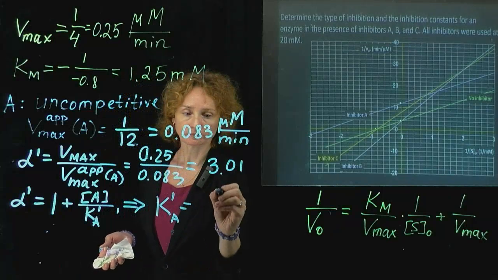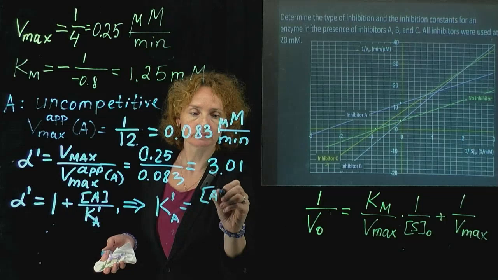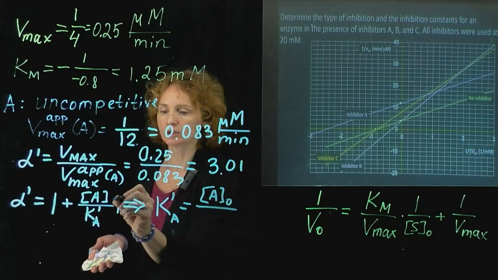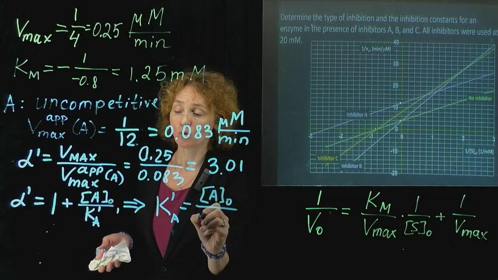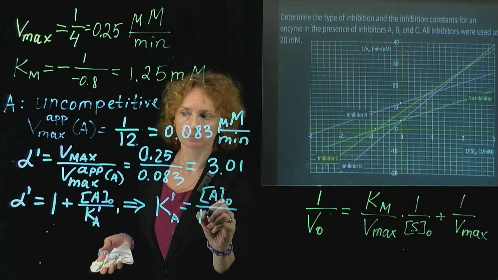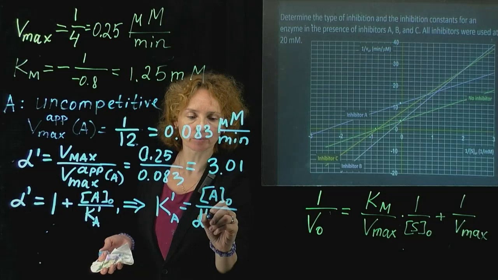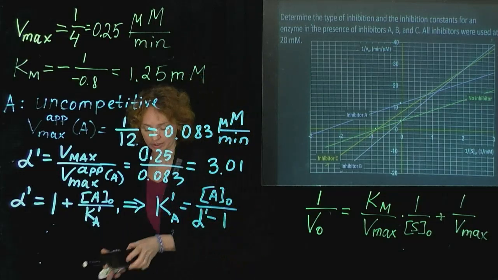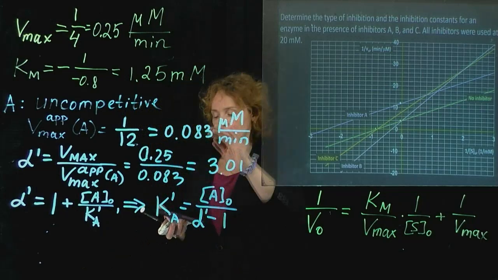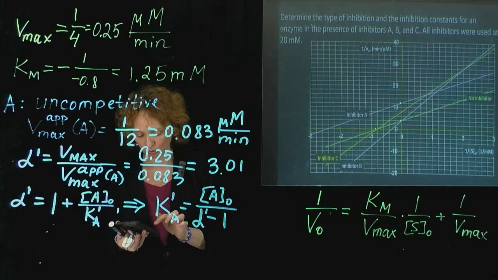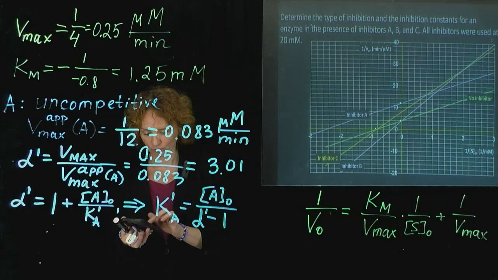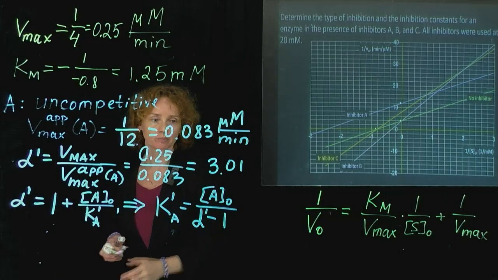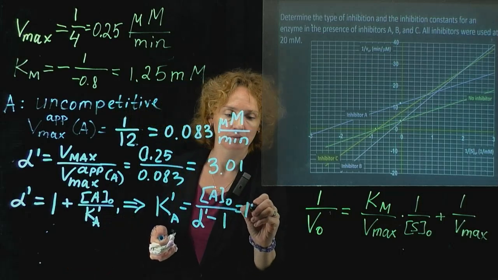It will be the total concentration of inhibitor over alpha prime minus 1. If we plug in the numbers, the inhibitor concentration is given, 20 millimolar, divided by 2, it will be pretty much 10 millimolar, right?